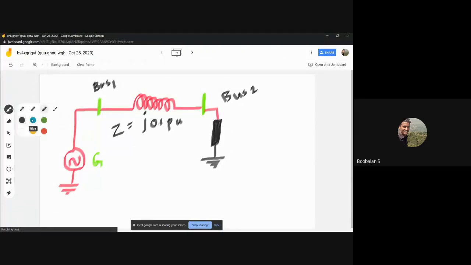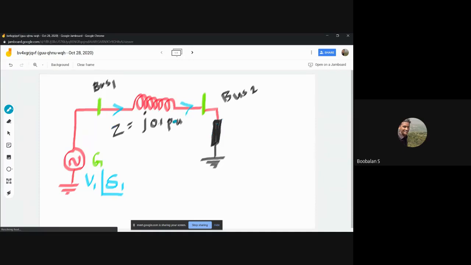Here the generator is an ideal generator. Definitely it's going to generate a voltage of magnitude V1 at angle del 1, right? This is the voltage we generate over here, and this power flows into the network, and we have a load over here also.